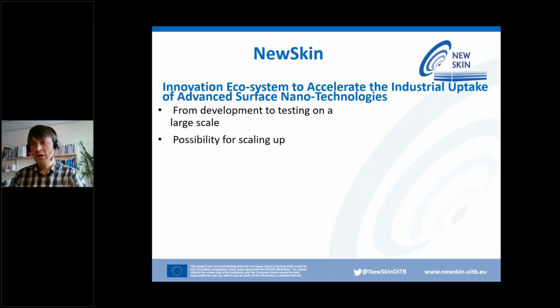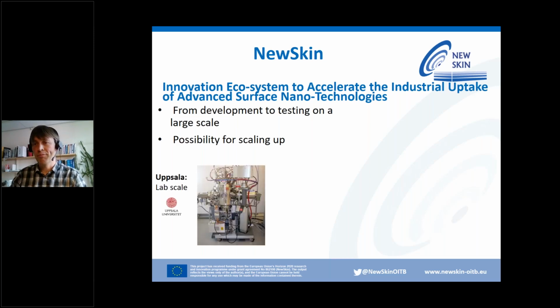And that might be the most unique possibility in this consortium, that we are actually thinking about the scaling up. Roughly speaking, here in Uppsala we often work on a lab scale. So this is one of our deposition tools, and we can develop new materials, deposit them on surfaces and test them.